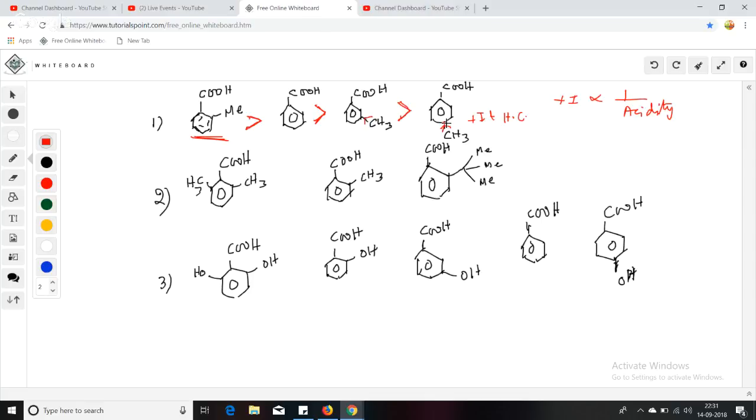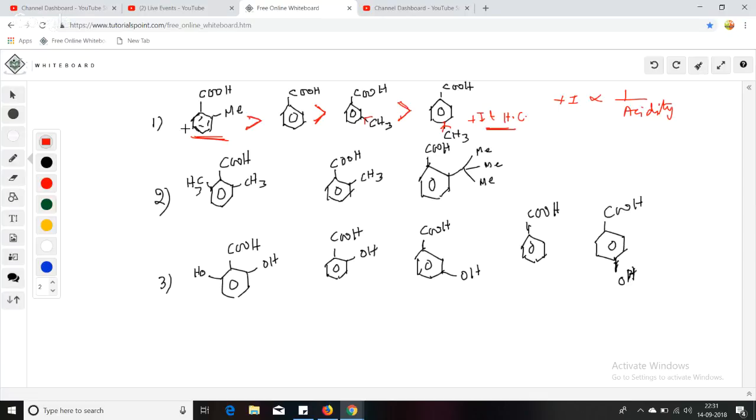But because of hyperconjugation, the acidity of this further decreases, right? And that you must have done in the GOC, General Organic Chemistry chapter. Okay, so because of the net effect of hyperconjugation and plus I effect, the acidity of this is found to be less than this. Okay, more alpha hydrogens, and we know because of hyperconjugation, acidity decreases. That you must keep in mind.